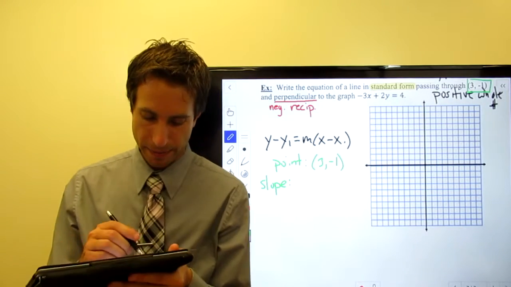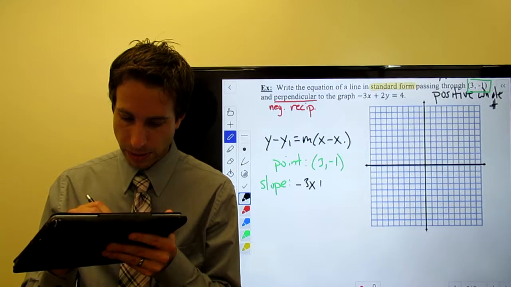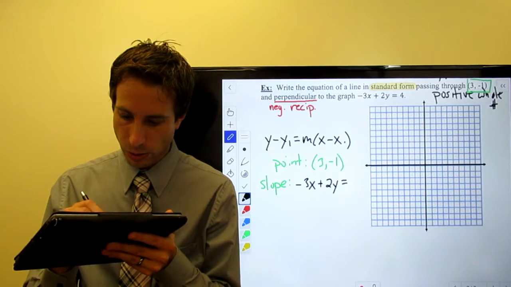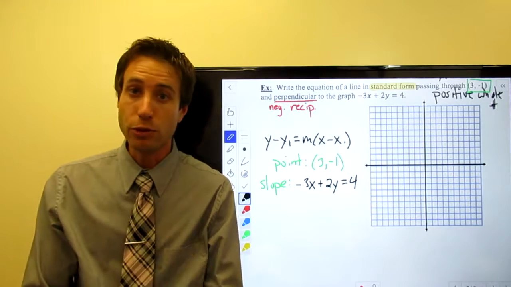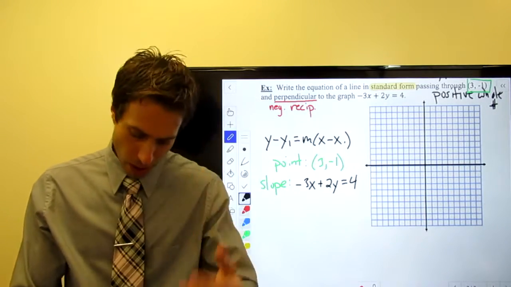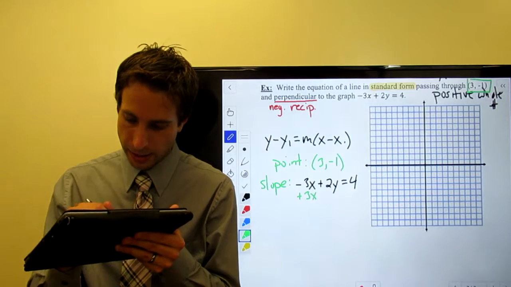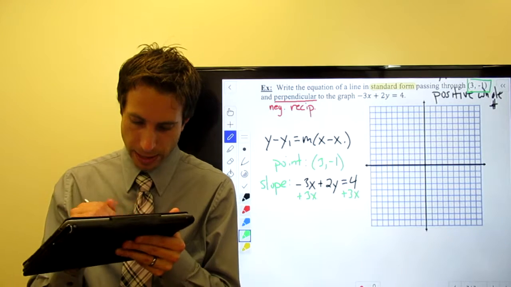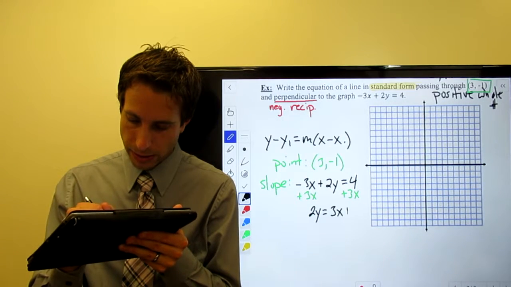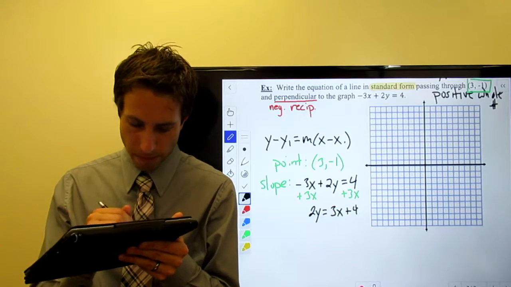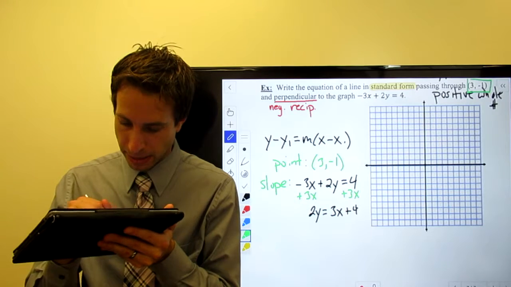So let's do that. You've been given negative 3x plus 2y is equal to 4. Well, in order to get this into slope-intercept form, you just got to solve for y. Okay, we can do that. Add 3x to both sides. That means that I have 2y is equal to 3x plus 4. All right, we're almost there. To get the y by itself, divide both sides by 2.